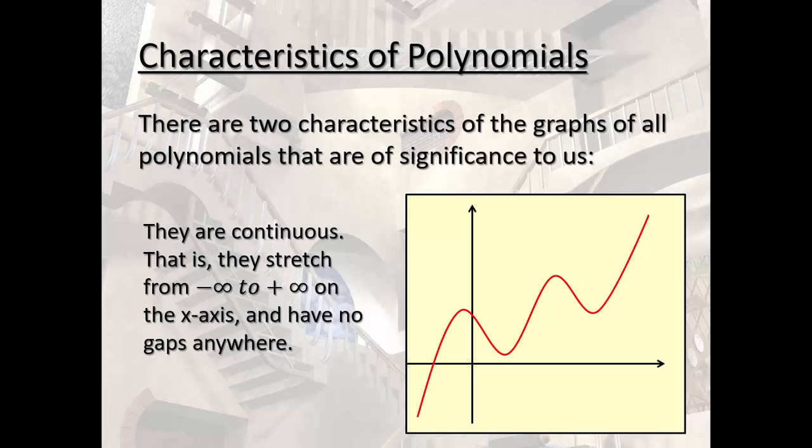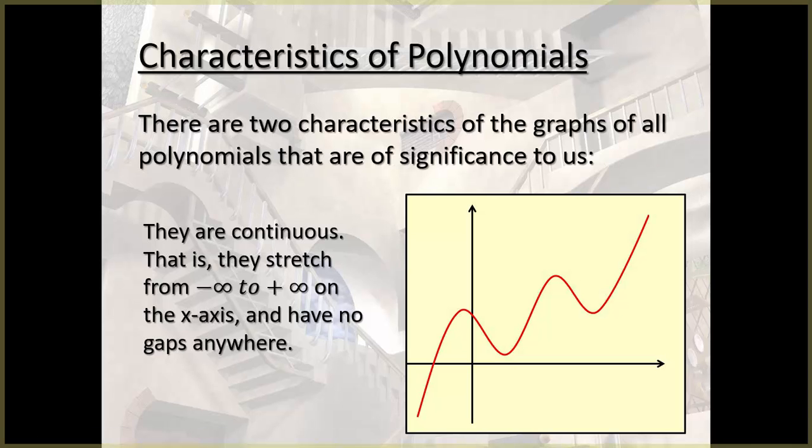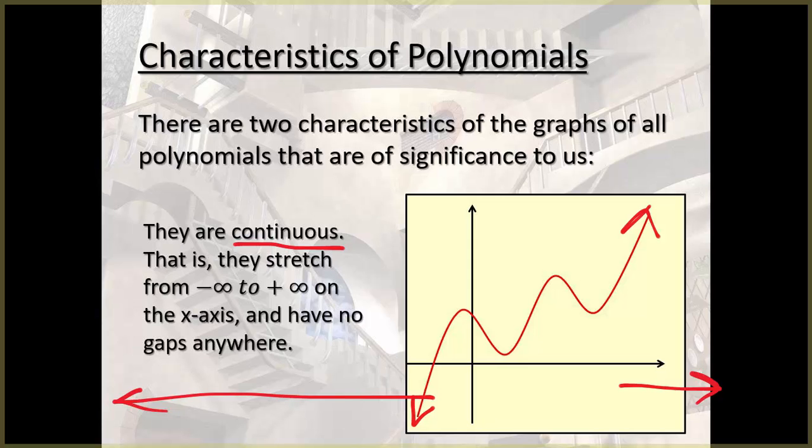We spent a lot of time talking about continuity in calculus class. That's why this is called pre-calculus class. But even though there's no arrows drawn on this thing, it goes on forever that way. So it goes forever in that direction, and it goes forever in that direction. Continuous means that there's no holes in it, no gaps, anything like that.